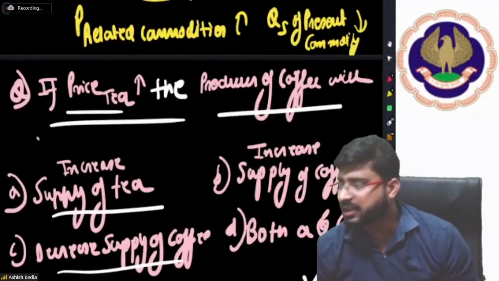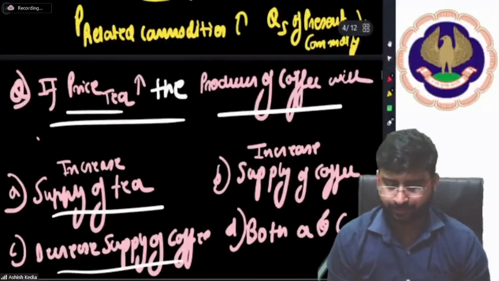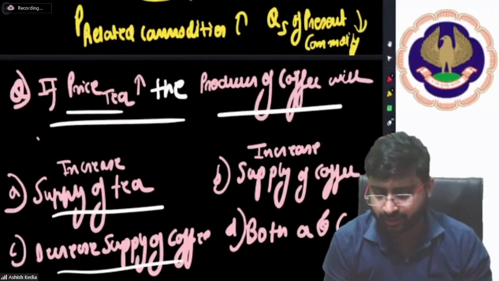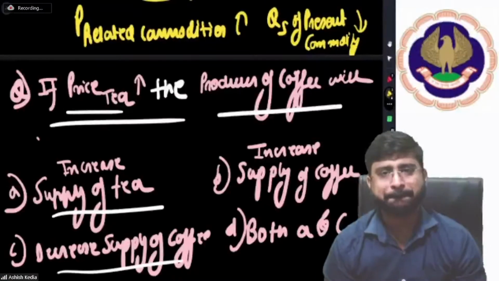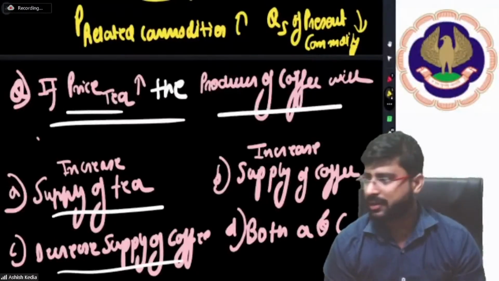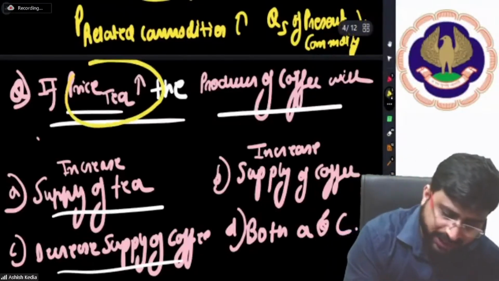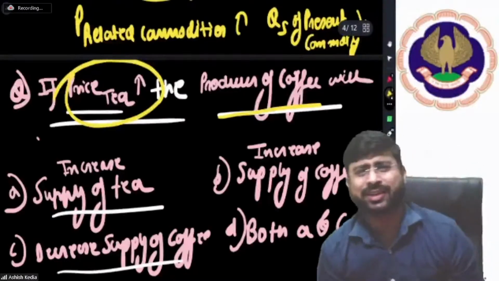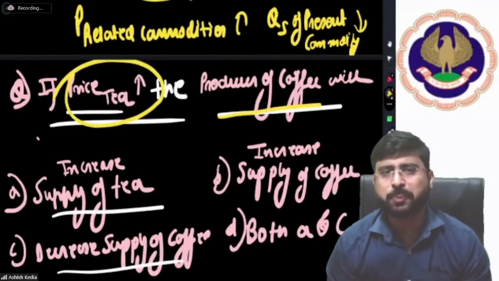Come on, friends. What do you think will be the answer? Yes, you all are absolutely correct. My dear friends, see, if price of tea rises, then producer of coffee will find it more beneficial to rather increase the production of tea in their plantation.